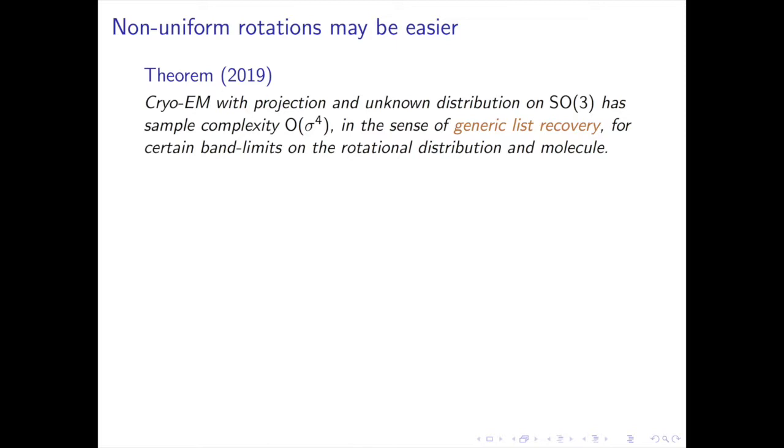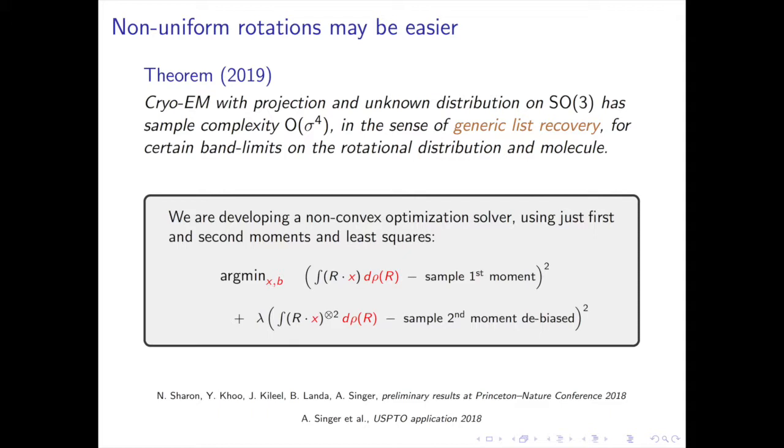As I wrote, this is a computational algebra statement. But we're actually trying to make it practical and develop a non-convex solver, just doing least squares to solve for x and b, matching to the first and second moments. Can we actually invert the map in practice?